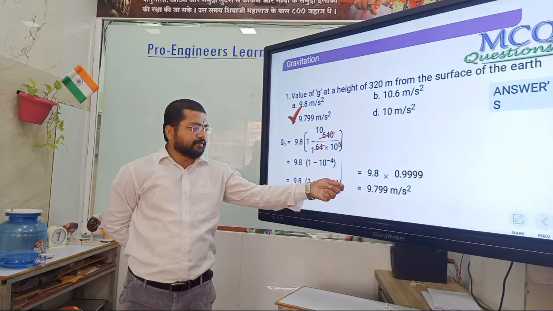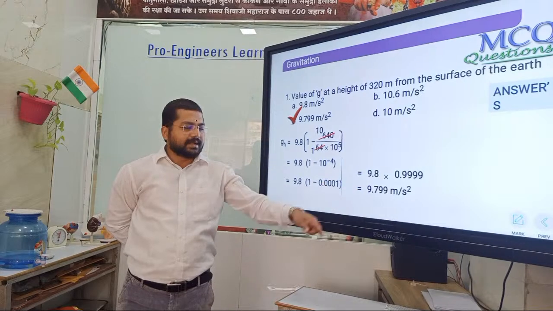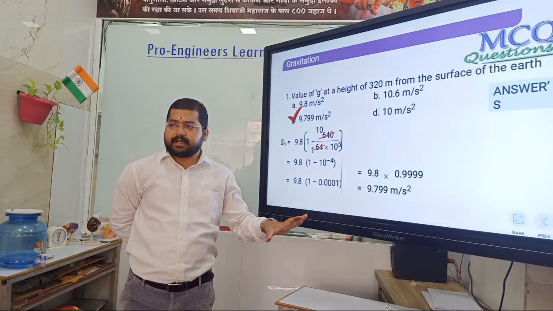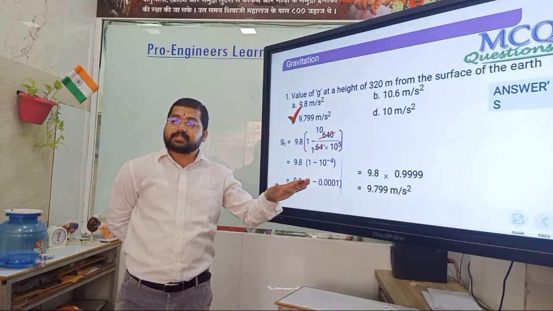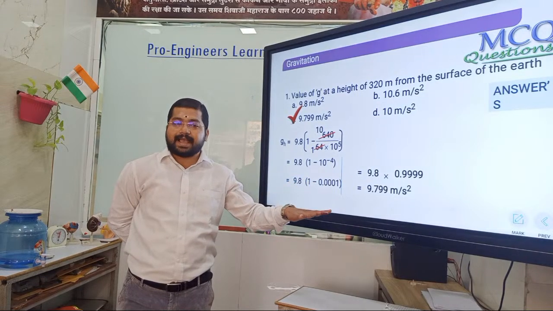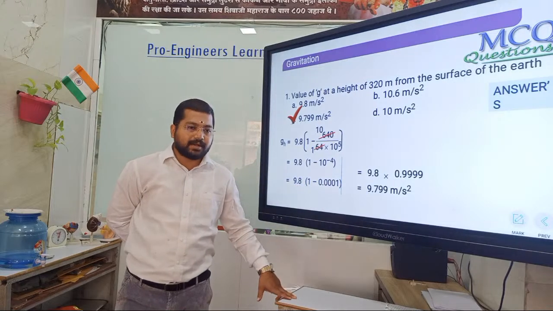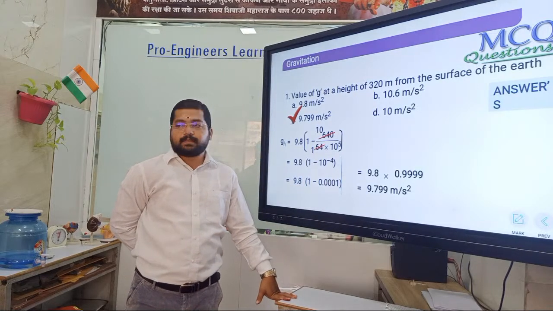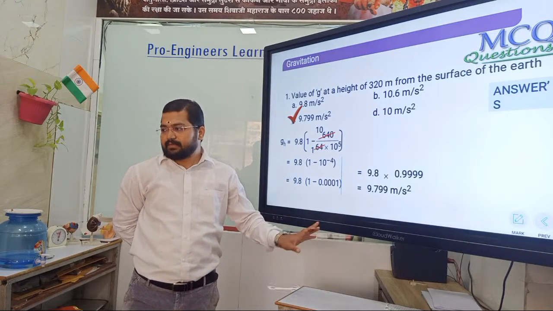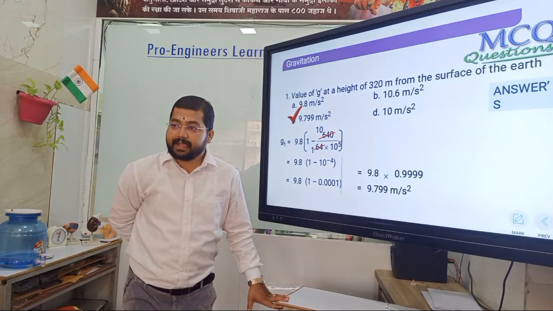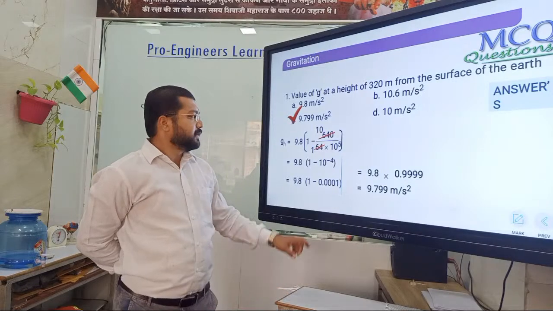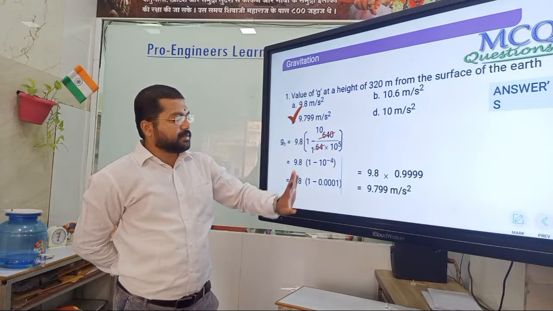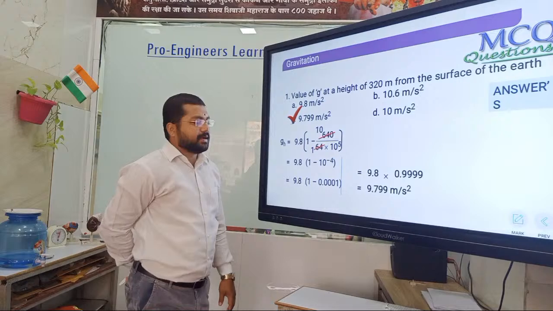Even if you consider it as 9.8, again it is correct. Considerations are correct, but actual value is 9.799 meter per second square. Otherwise, approximately we can consider it as 9.8. But to calculate it very precisely, considering 320 meter, answer must be 9.799 meter per second square.